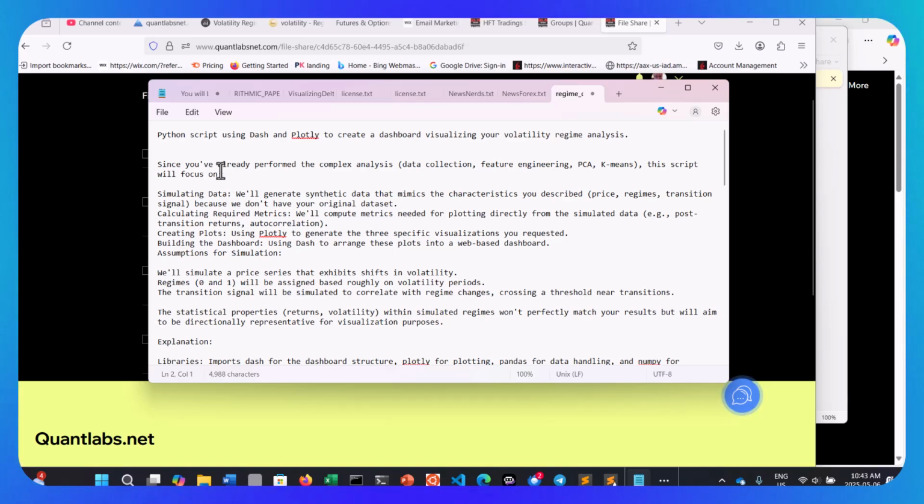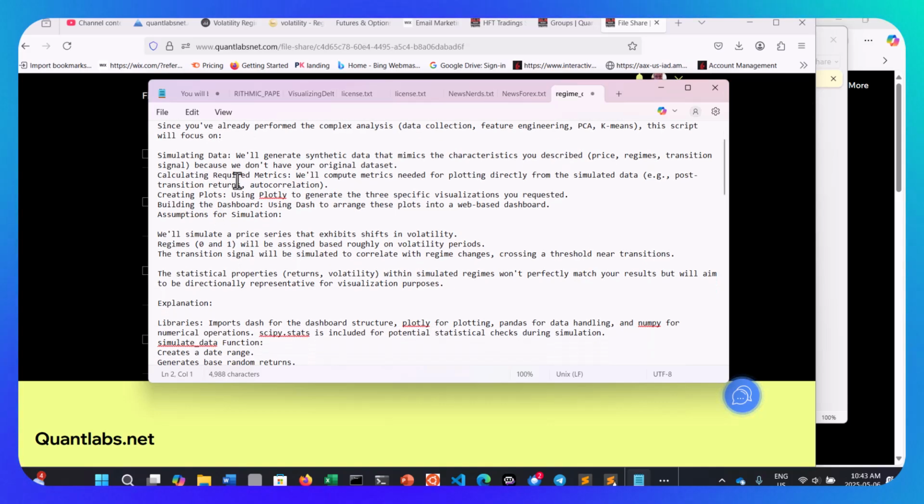Okay, so what we're doing here is we're simulating synthetic data based upon the price regime transition signal. Again, we have to generate that ourselves, and there are different techniques to do that. We collect the data, use feature engineering, ranking, and then things like PCA and K-Means as well.